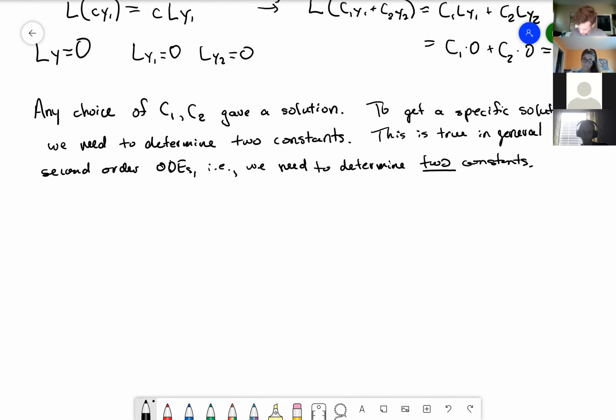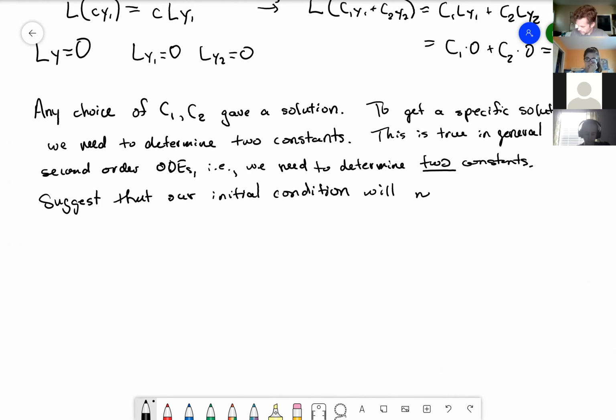And this suggests that our initial condition that will allow us to pin down a solution will need to have two independent pieces of information. We'll come back to what I mean by independent.